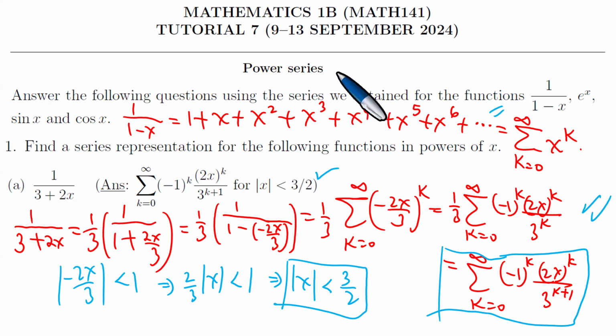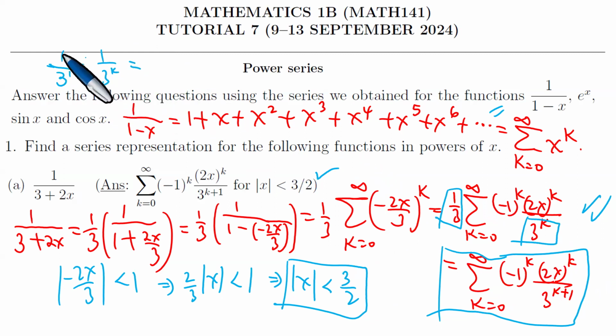Okay, why add 1? Okay, good. We're adding 1 because there are two 3's. There's this 3 here, and there's also 3 to the power k here. So if you have 1 over 3 outside, and then there's also 3 to the power k, if you multiply them, what do you get?